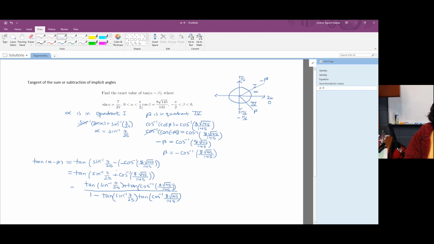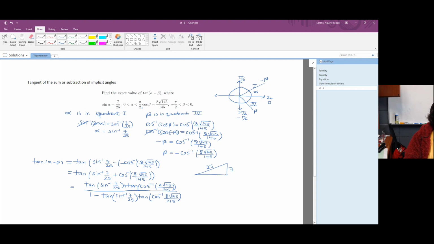Okay, one triangle we want to work with is the triangle related to 7 over 25. Place this 25 on the diagonal. The 25 is the length of the hypotenuse of this triangle. This is 7. Okay.